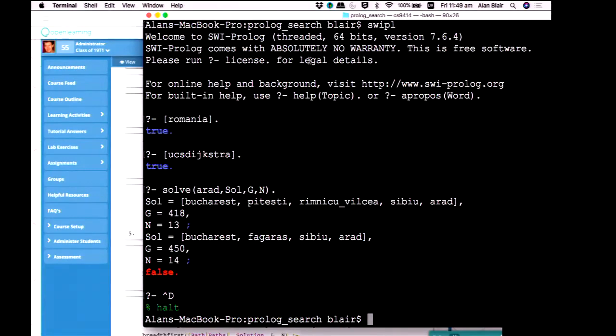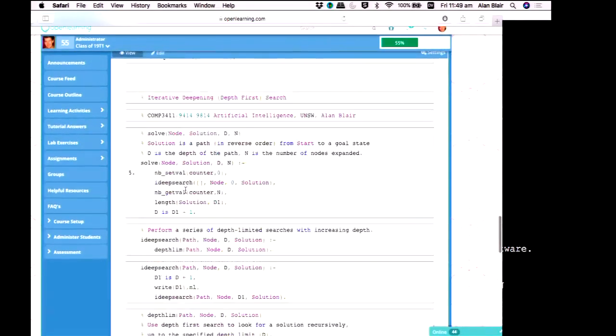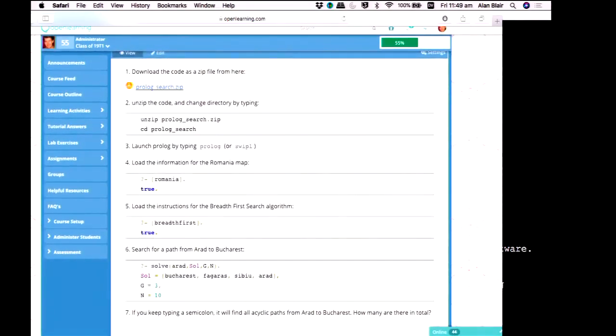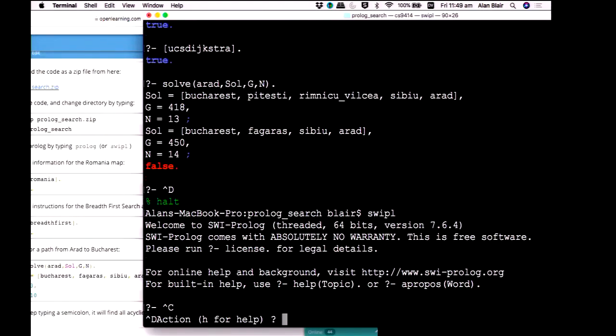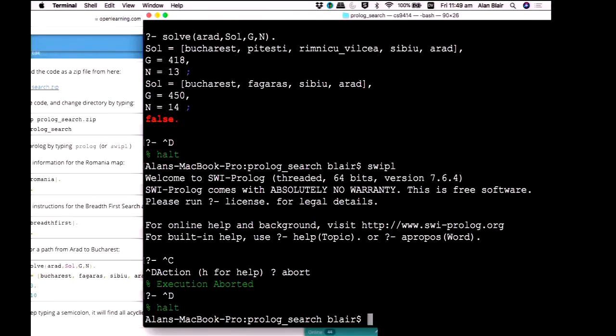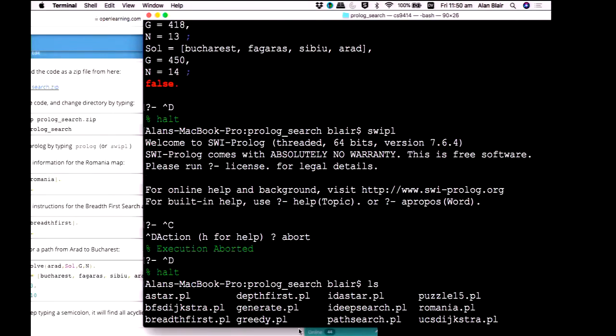So you click on this button and you download it as a zip file, and then if I run Prolog, it creates these files here. So I've implemented all of these now.